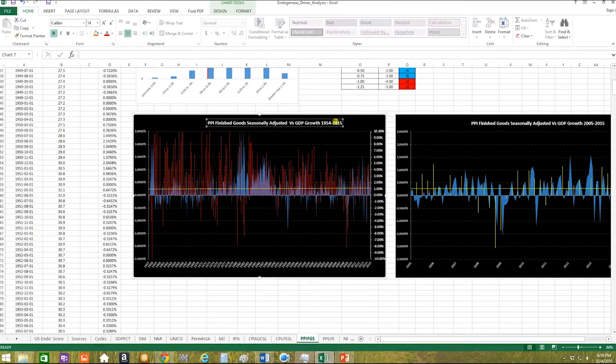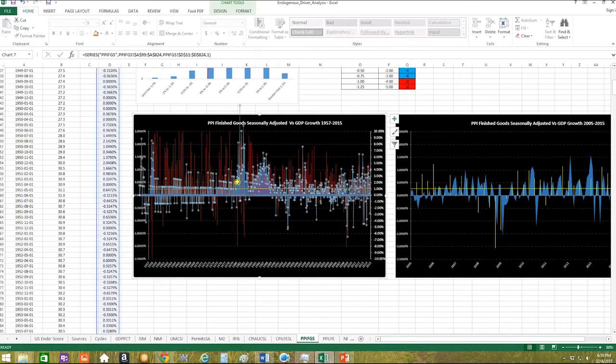So we can just actually change that chart. So we're zooming in on this period. In red, we have real GDP as a percentage. So this is real GDP here. We have the increments of 0.5% in the PPI finished goods percentage change month on month, and that is in blue.